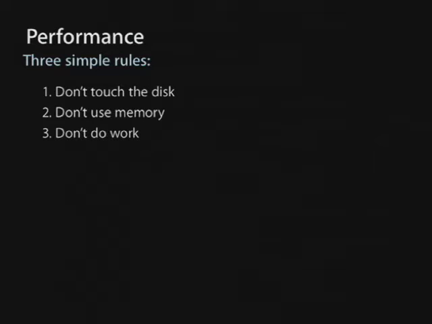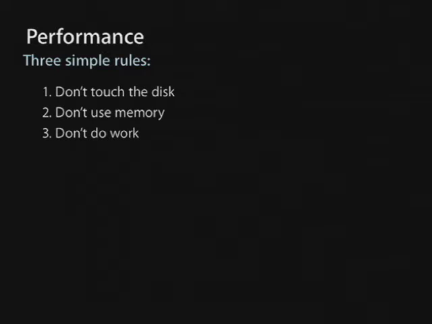Second thing, don't use memory. Well, memory is a lot faster than disk, but still it's a lot slower than the processor. So every bit of memory you can avoid using is that much to the good. Now, of course, it's perfectly OK to use memory if it's a substitute for something that's more expensive, like going to the disk or doing a lot of expensive computation, especially if you are willing to give that memory back to the system when it needs it.